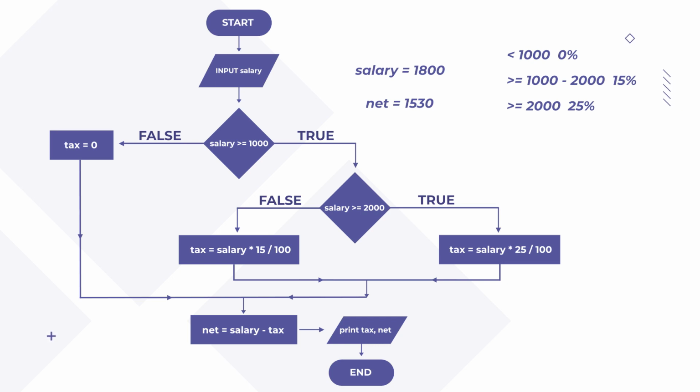It will pick up the value of the salary, multiply it with 15, and store the result in tax. Then it will come to the next line, pick up the salary, which is 1800, subtract the value of tax from it, and store the value inside net. And then it will print the value of tax and net on the screen. I hope it is clear. My friends, in the next session, we will make the program for this flowchart. Thank you very much.